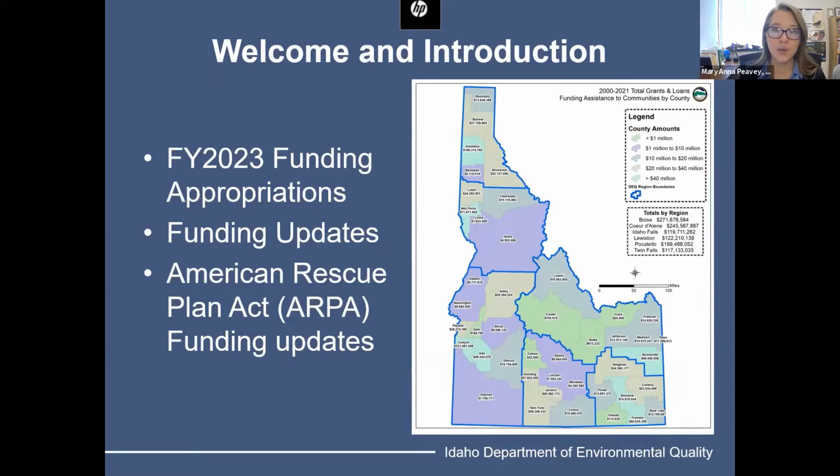Now, the US Treasury defined how states can invest in water and sewer: if the upgrades or anything that they need would qualify for state revolving fund dollars, so essentially how we run our program, it can qualify for ARPA dollars. Now, that doesn't mean that the state would put the money into our program.